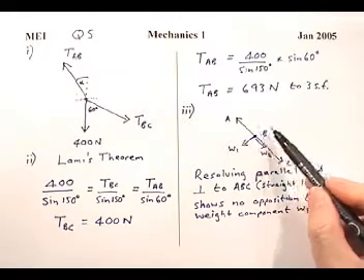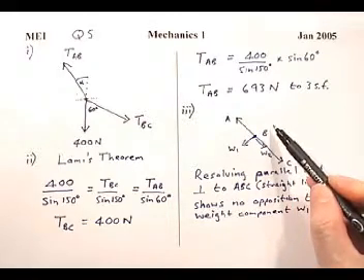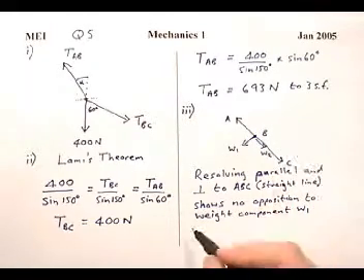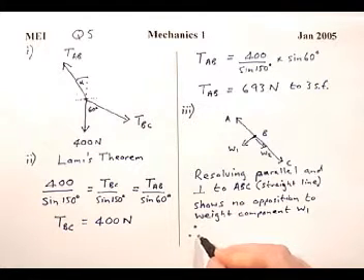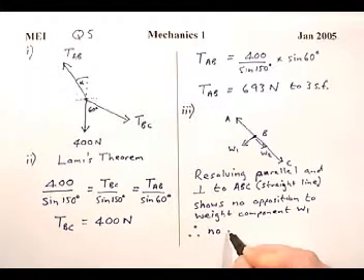And if that can't be opposed, the system can't be in equilibrium. So we can say therefore no equilibrium possible.